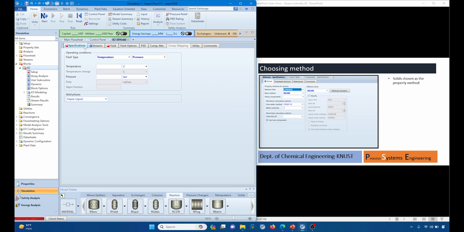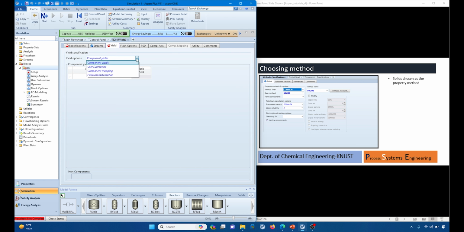In similar fashion, you specify conditions of streams, and then it asks for the component yields. Right? So there are lots of options on how to supply the yields to the reactor. But they ask for the component yields, and you're able to select components.